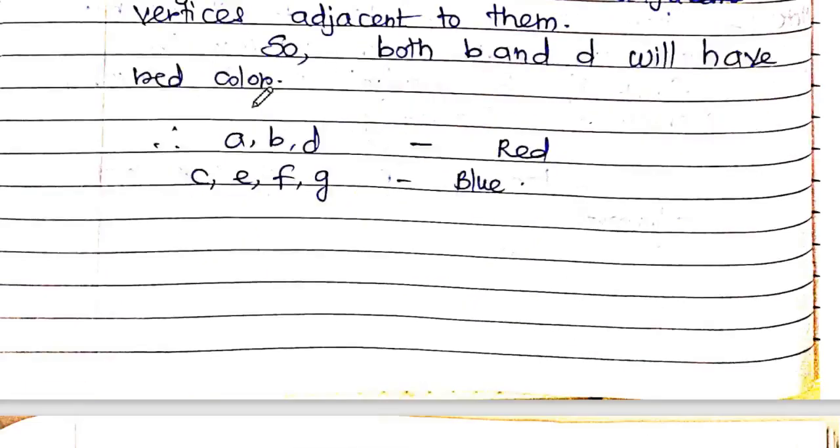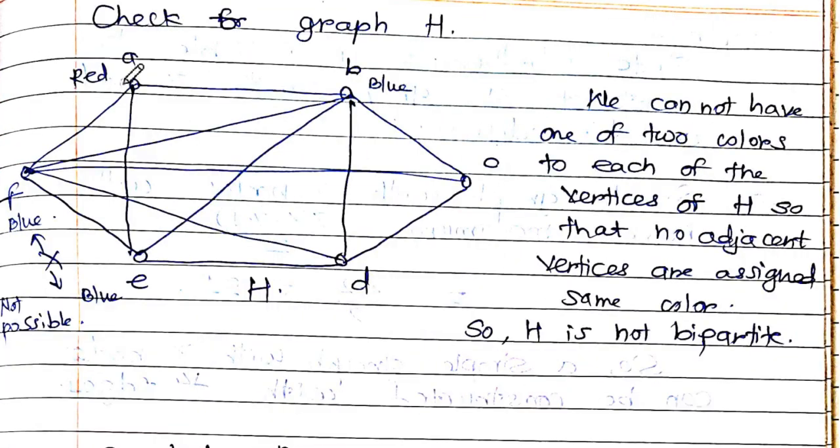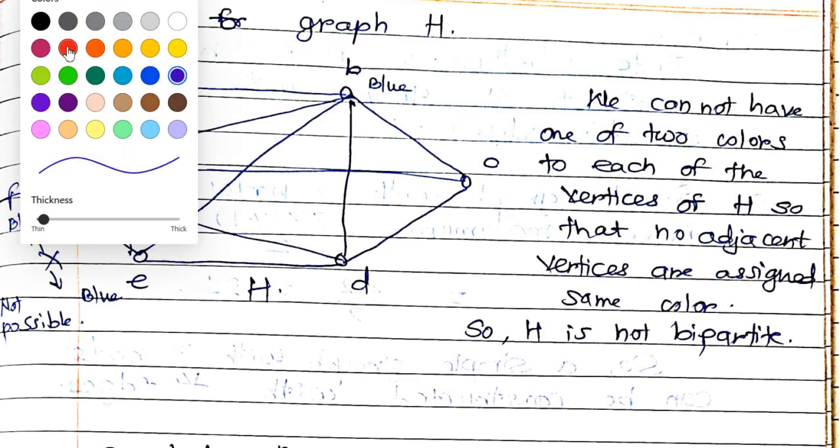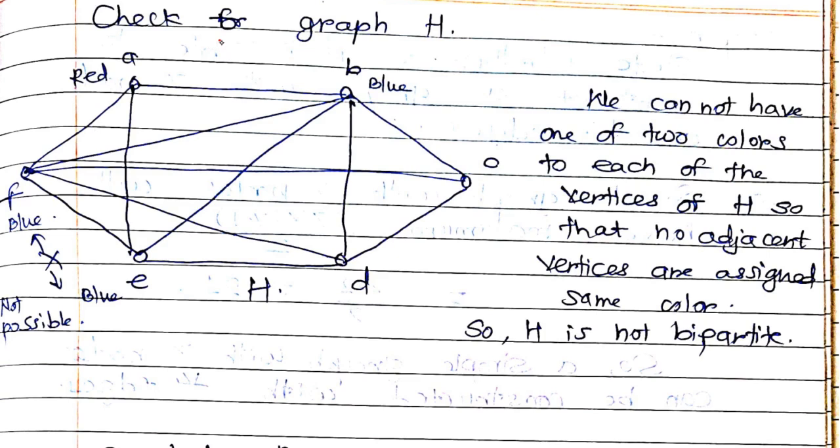Now see one more example. Many times the question asks whether this graph is bipartite or not. Suppose we give red color to A, so you should give blue color to B and blue color to F also, and E is also blue.